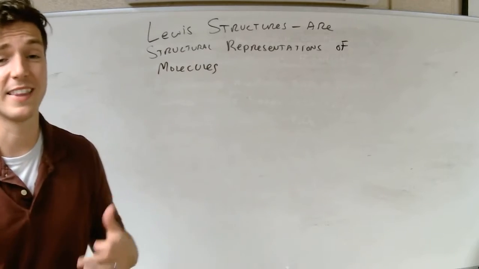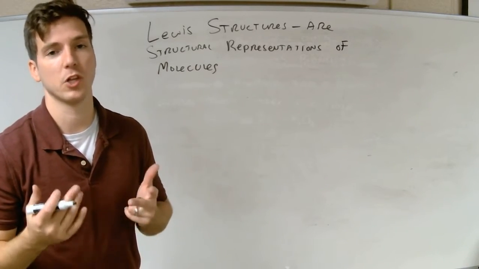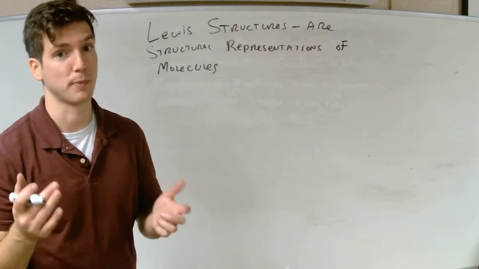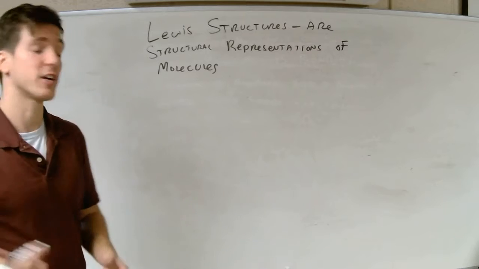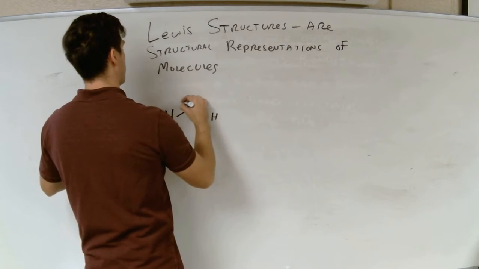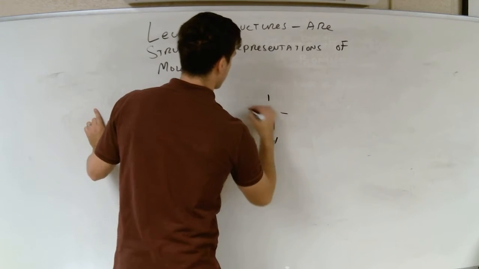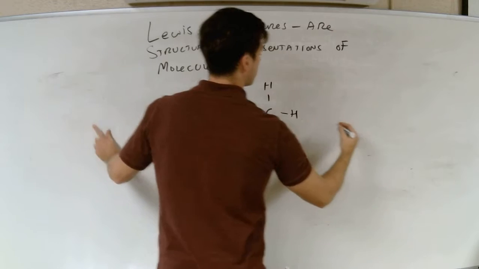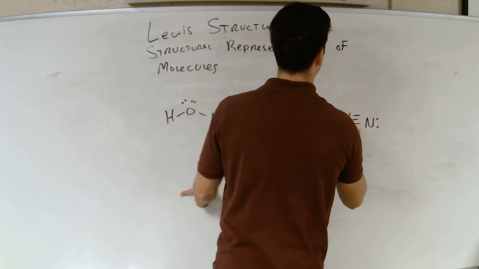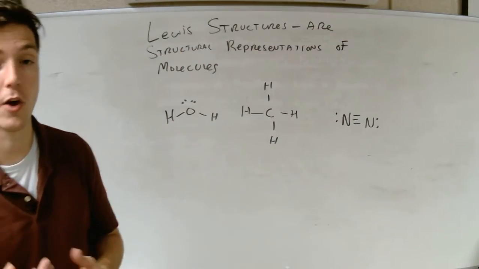So at the end of the day, you're going to be able to look at a molecule and draw what it would look like if we could zoom in on it with a super powerful microscope. You'll be drawing things like an H2O molecule, a methane molecule, a nitrogen molecule, okay?